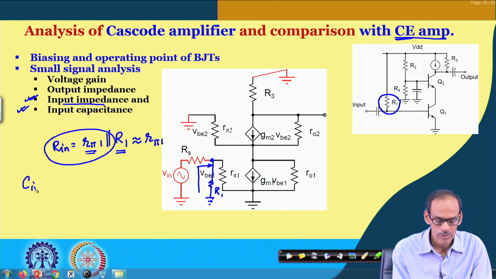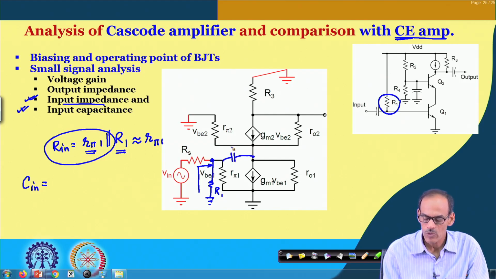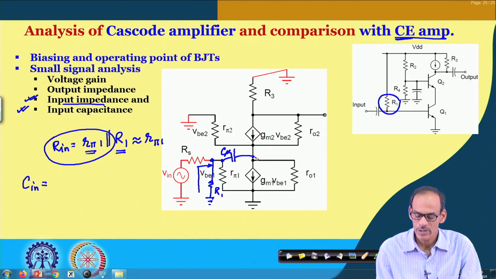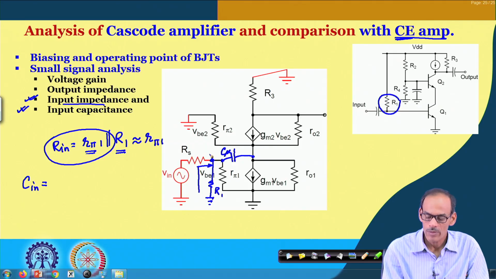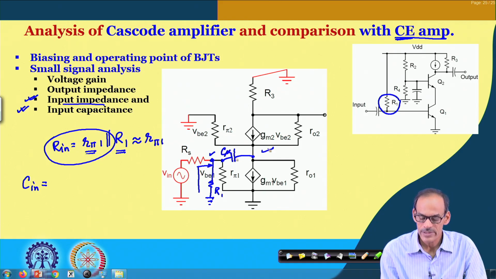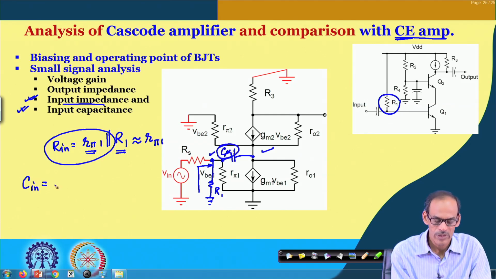However, in input capacitance, if you see the C mu, which is an integral part of Q 1, bridging the base and collector terminals of Q 1. Now, from this node to this node, we claim that the gain of the circuit is not very high. As a result, the Miller factor for this C mu 1 may not be very high.